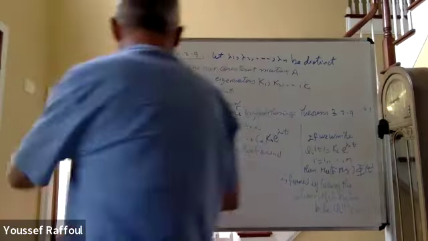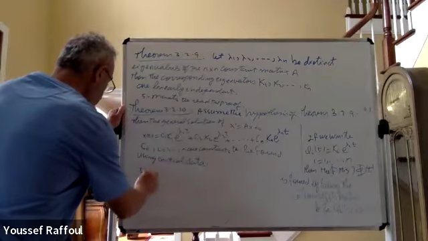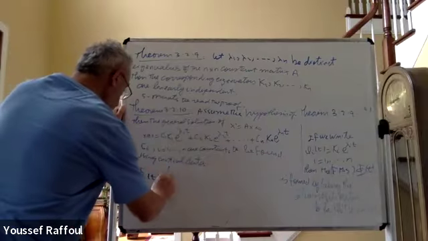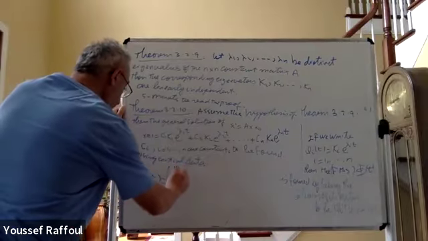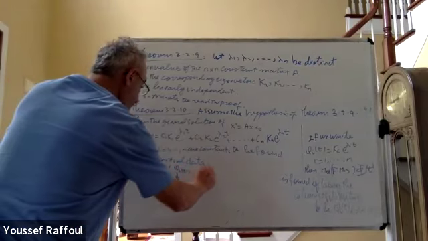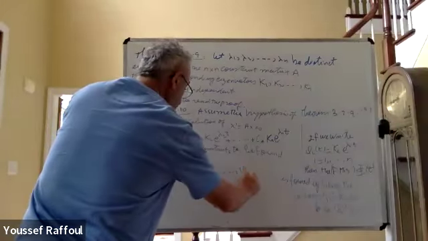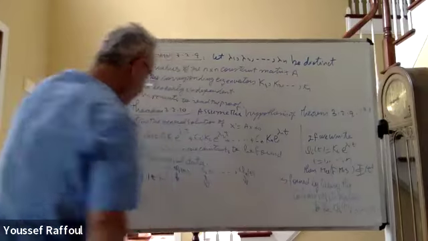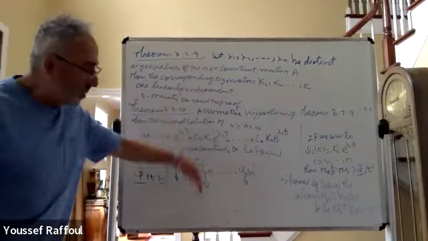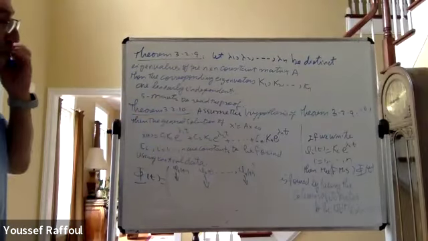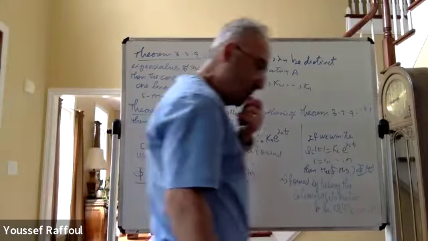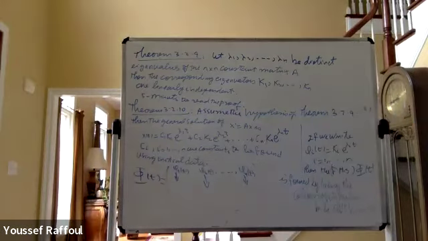So basically what I'm saying is phi of t is phi 1 of t, phi 2 of t, ..., phi n of t. See, these are the columns. All right? And I'm going to do an example next. Any questions?